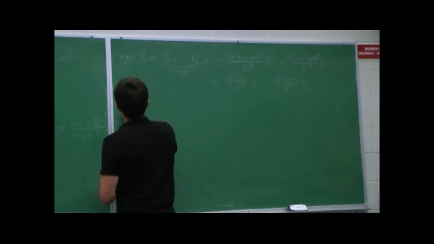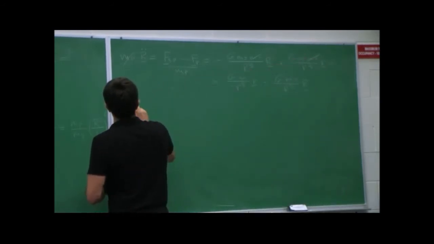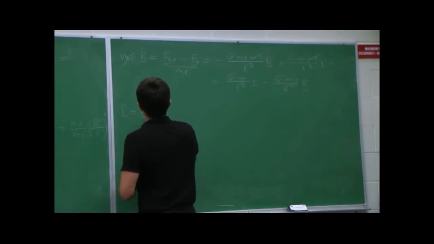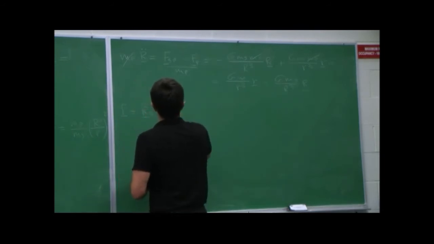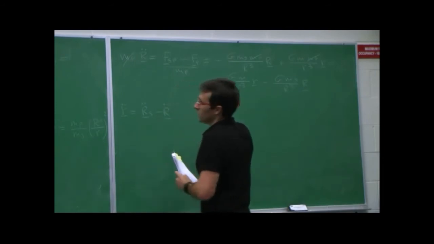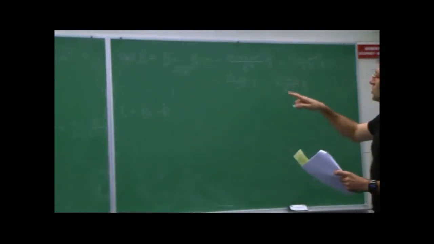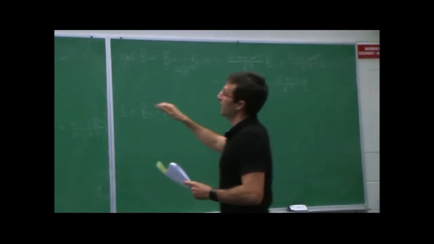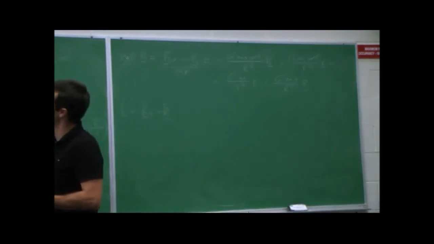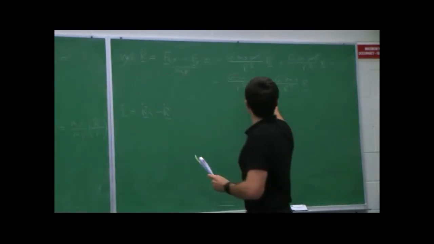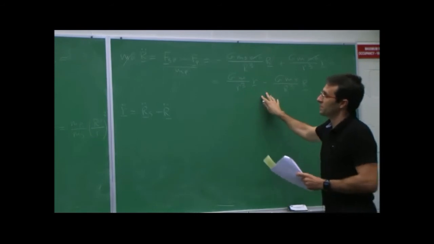Now with this, I'm going to put together the little r double dot vector, which is big R double dot s minus big R double dot, which I have. I have both of them. I have this expression here before I simplified it, and then I have this expression here, so I can just subtract the two.